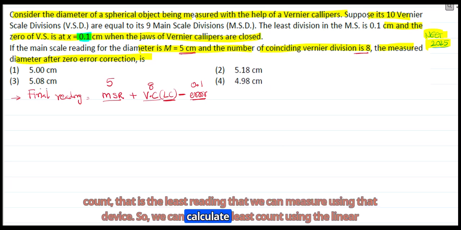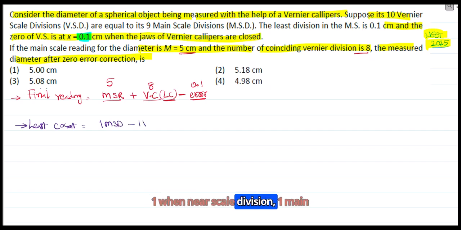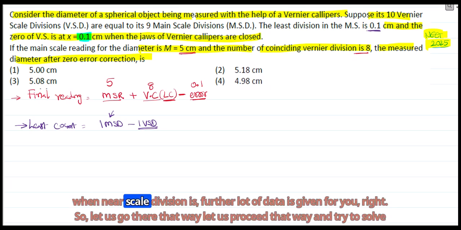We can calculate the least count using the Vernier calipers as 1 main scale division minus 1 Vernier scale division. One main scale division is known to me, 0.1 centimeters. So to solve the problem, I need to find out what 1 Vernier scale division is.